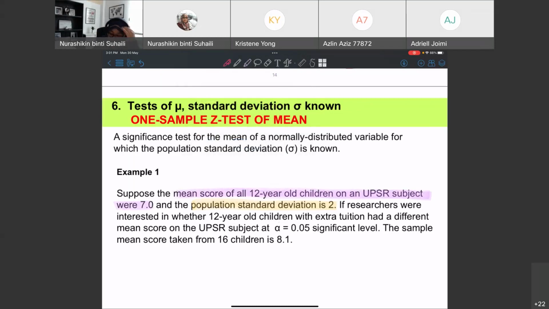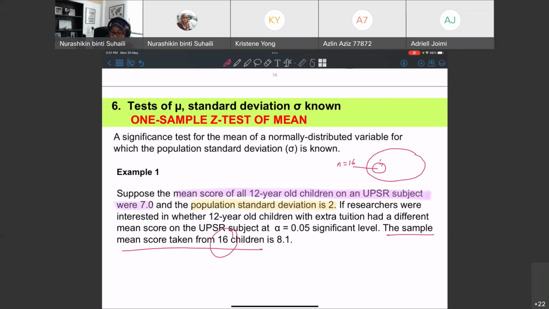So you have to visualize population and sample. If you see the last statement, the sample mean score taken from 16 children, you imagine that in a population, you take a sample consisting of n equal to 16.